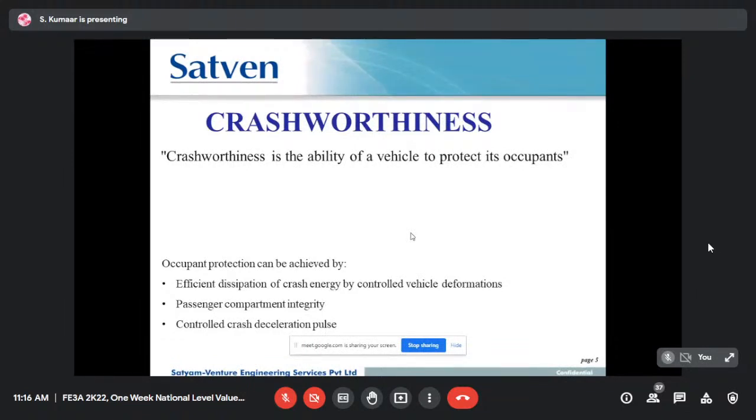So most of the energy should be absorbed in these areas, either the bumper, crash can, or front frame. When it reaches the passenger compartment, the energy level will be very low, so the occupant will feel very little acceleration.